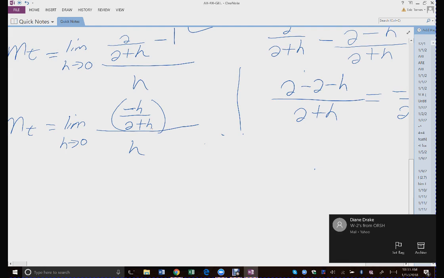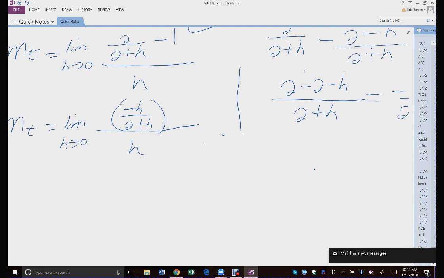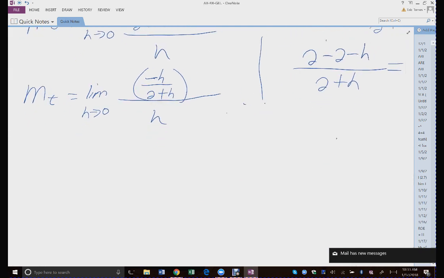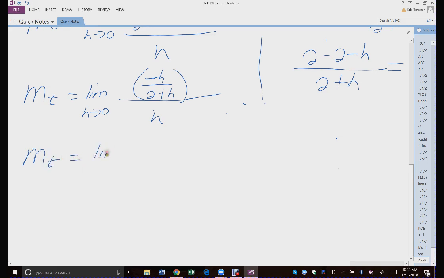So I have a rational function, and I have a fraction divided by a number. So instead of taking a fraction and dividing it by something, I'm going to redefine that using my properties of fractions. I take that fraction and I multiply it by the reciprocal instead.